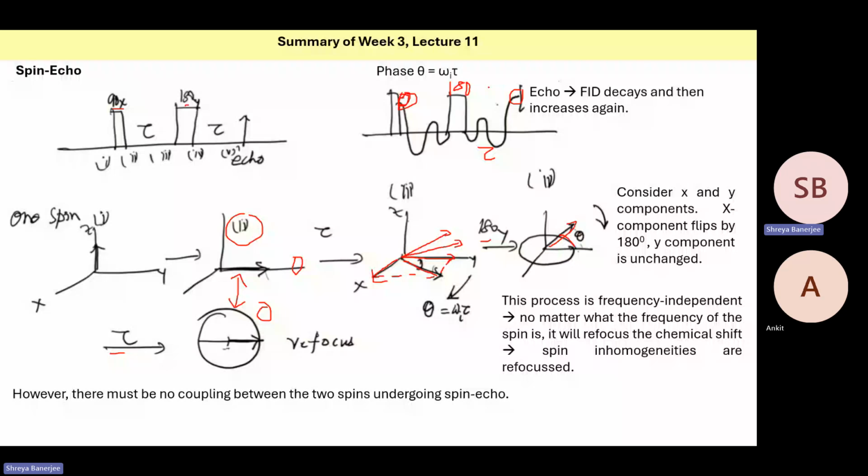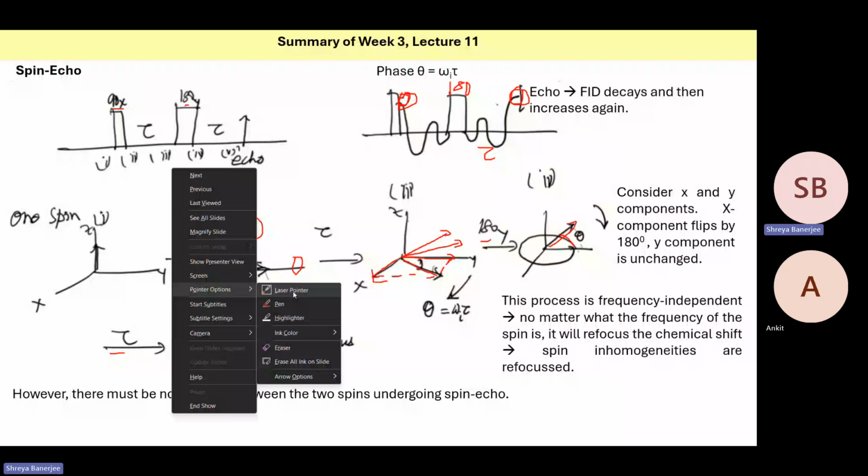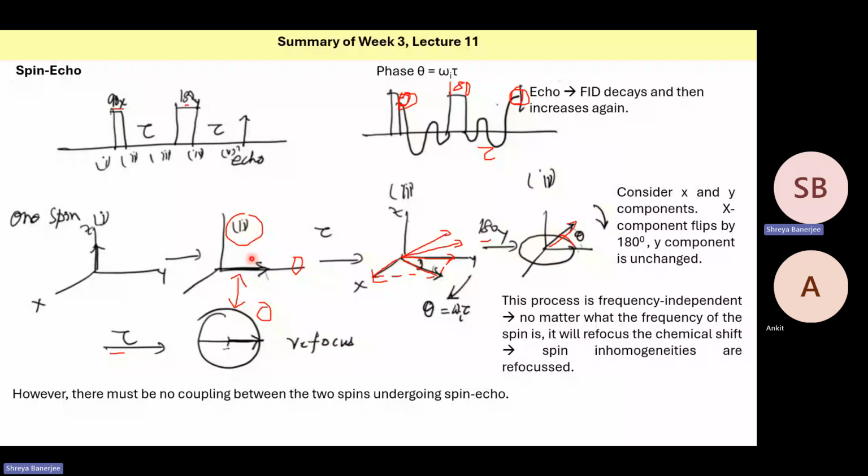This process is frequency independent because no matter what the frequency of your spin is, it will refocus it back to the y-axis. So that is an advantage of this method. We had seen in the previous class that there can be inhomogeneity in the field which will cause a phase error.